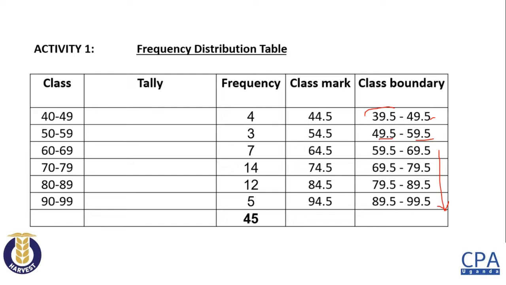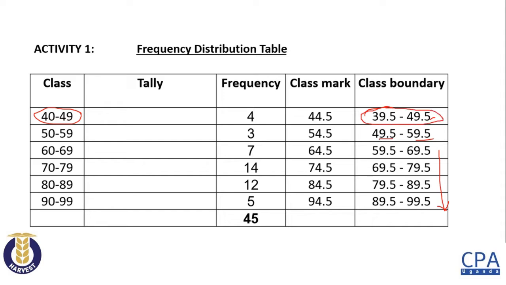However, I need to emphasize the importance of these class boundaries. I want to further explain it. For the class 40 to 49, the class boundary we have got is 39.5 to 49.5.